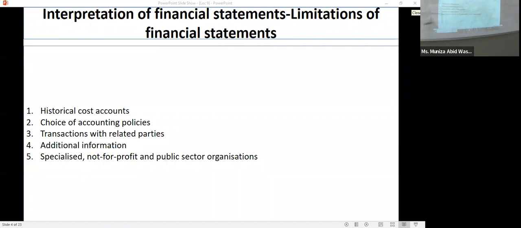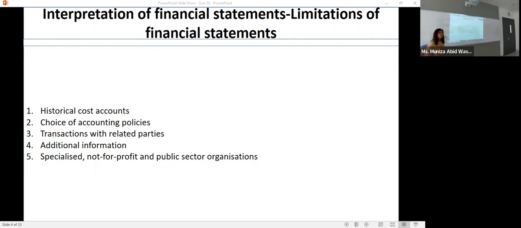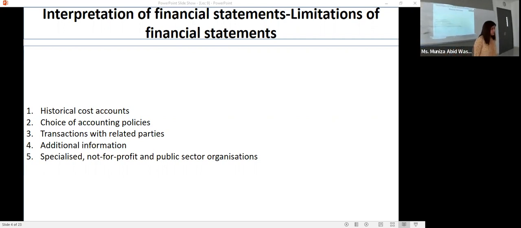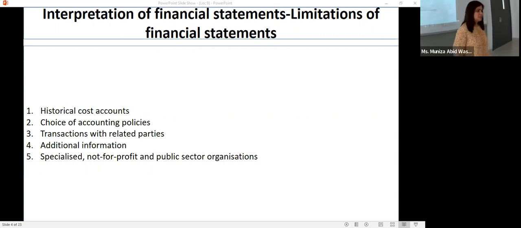Cleared? Now, additional information. Few times, the additional information is presented in the notes to the financial statements. There are three conditions in which the notes to the financial statements must show the information. If there are few accounting policies which are used in the financial statements and they have to be mentioned, those are going to be shown in the notes to the financial statements.